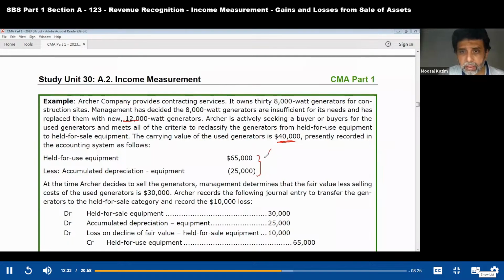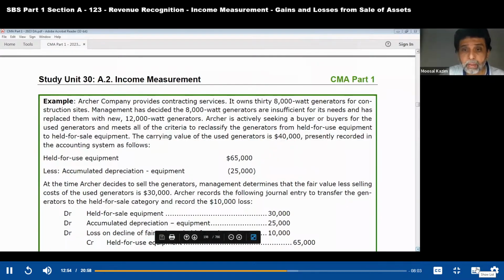So 65 minus 25 is 40. They determined that the fair value less the cost to sell is 30,000. So they should classify it as held for sale. It is lower than 40,000. So they should recognize a loss. If it is higher, they would recognize only 40,000.